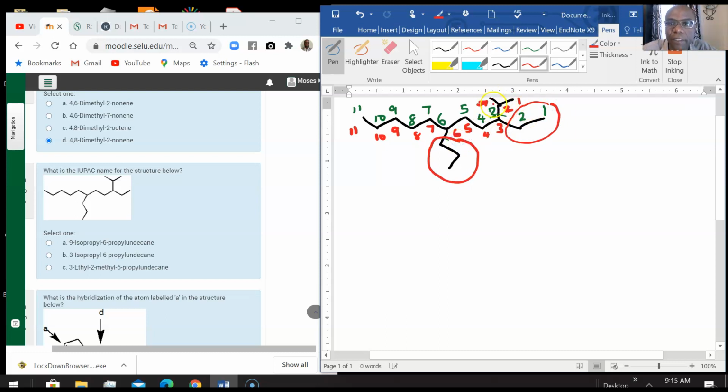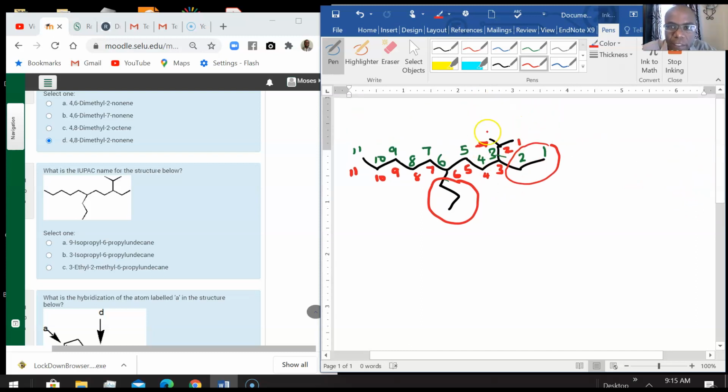So going with the red numbering, you have 3 substituents: the CH3 here, which I think I cannot write there, can I? Yes, I can. So you'll have your methyl, your ethyl, and your propyl.